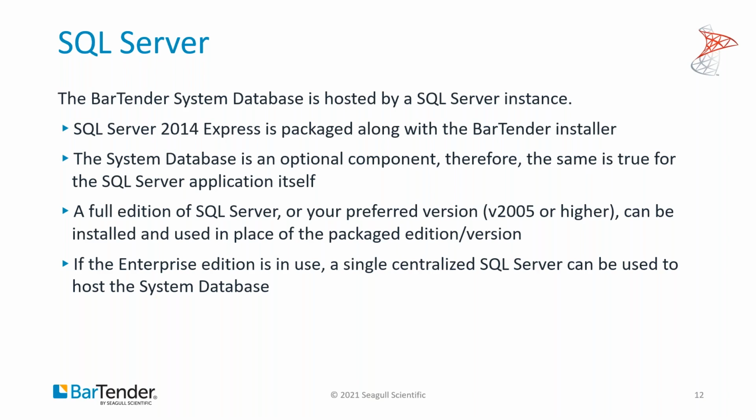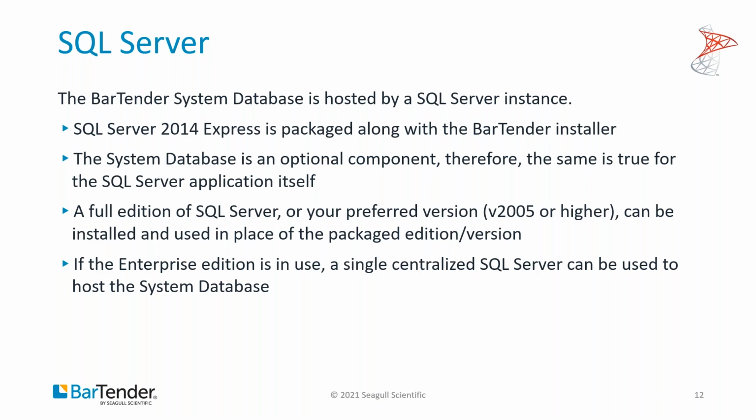Of course, customers don't have to use the packaged SQL Server that comes with BarTender. They can instead install their own copy of SQL Server of almost any version, but it needs, I think, to be of version 2005 or higher. And yes, they can make use of the latest version of SQL Server, which I think is SQL Server 2019, although I think it may be due for an update soon.